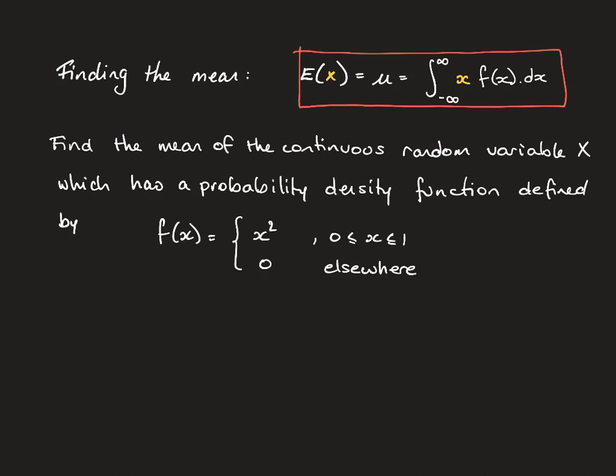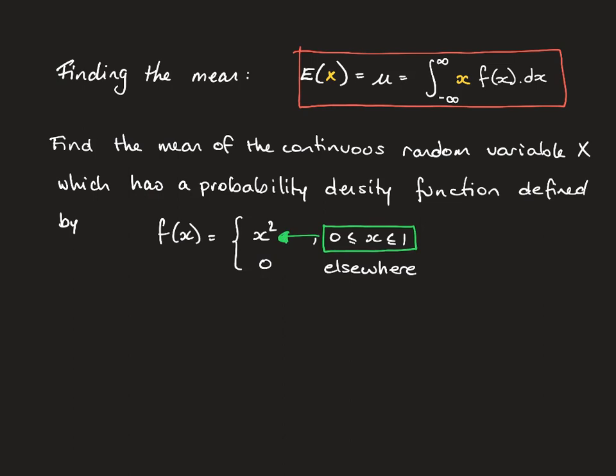If I just put that straight into the formula as f of x and used x squared, I can't go from negative infinity to infinity. The area I'm searching has to be defined by where each segment of the graph is defined.